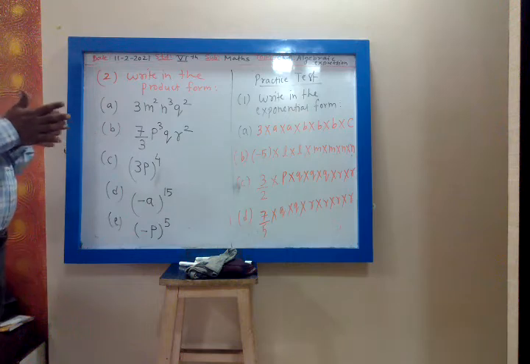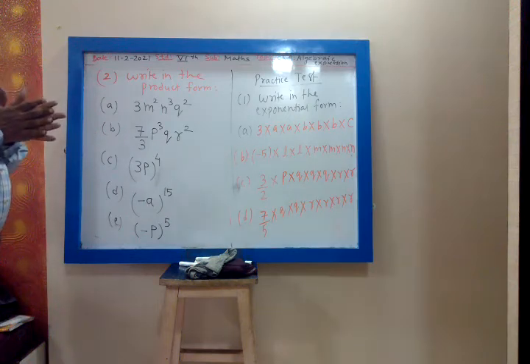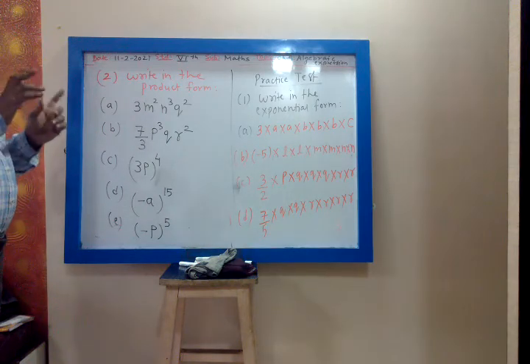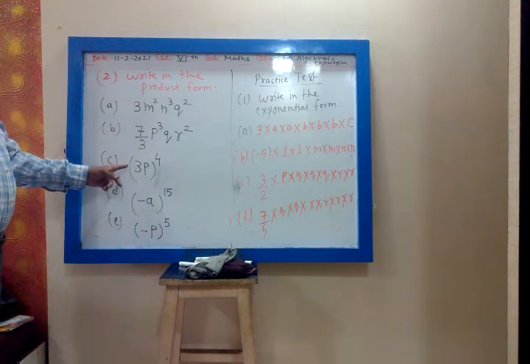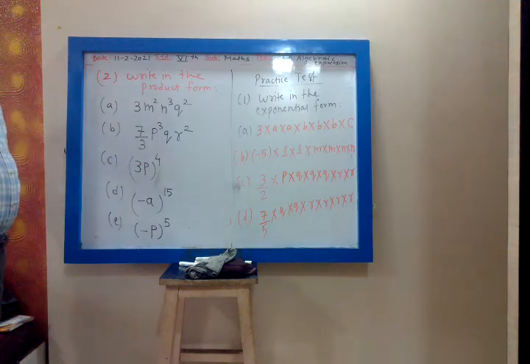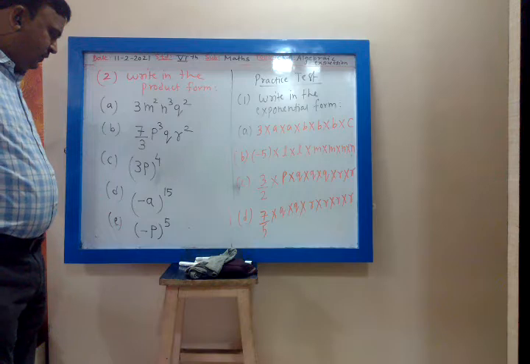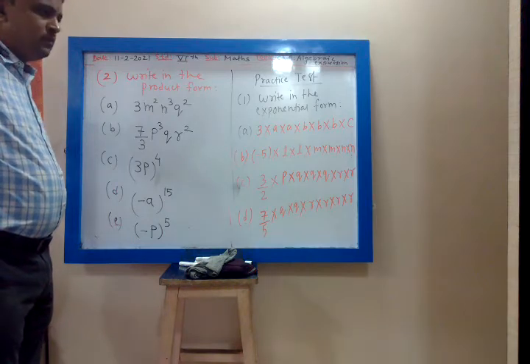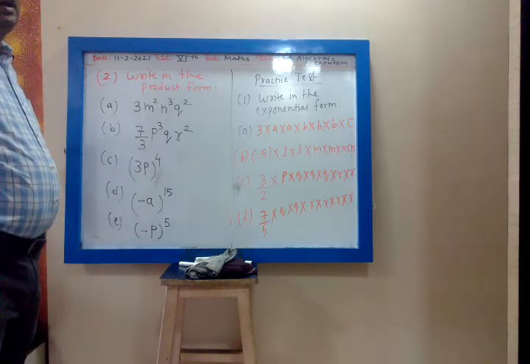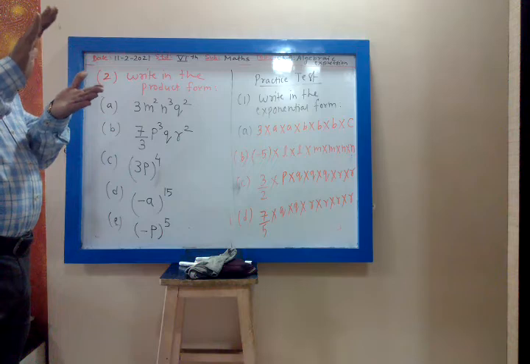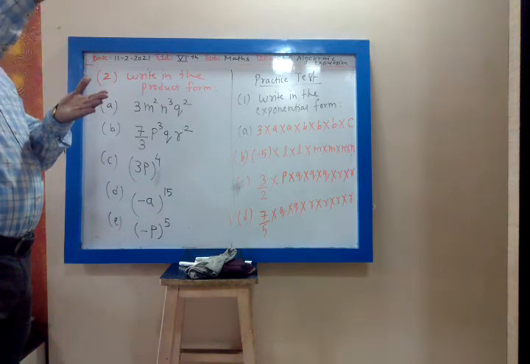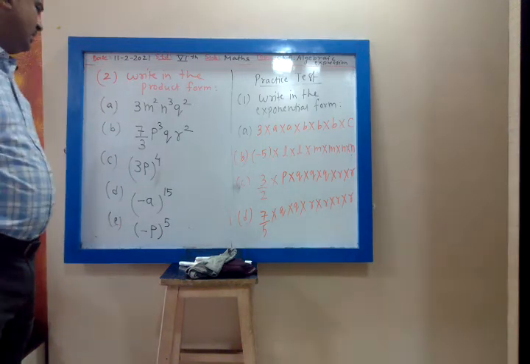Then do the E part. So what do you write? Minus p raised to 5. Whenever a bracket is there, you have to write down in the bracket. First you write minus a 3 times, then you put a dot, last it is 15 times.